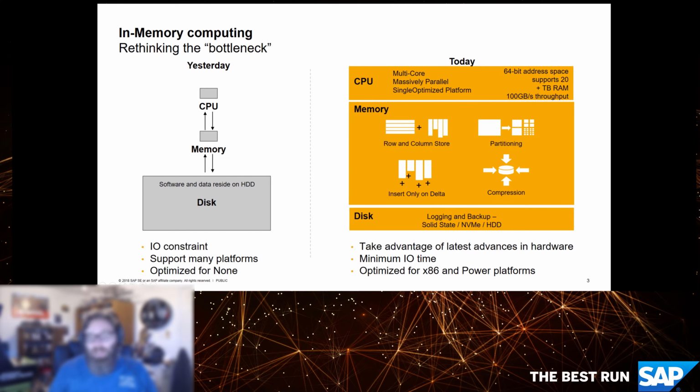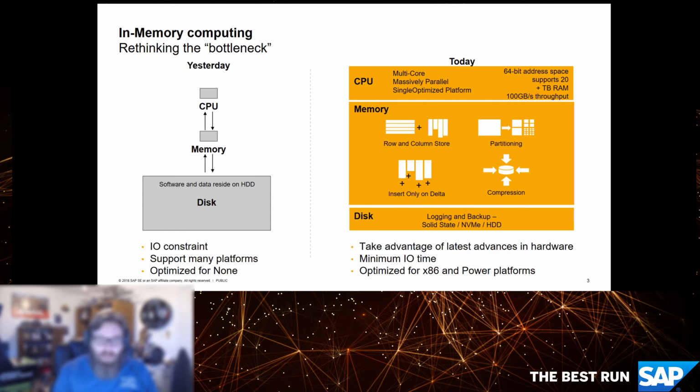So first of all, let's go way back. Let's assume you don't know anything about HANA. Let's talk about the original value proposition of HANA. And to do that, we have to look at how traditional databases worked in the past.